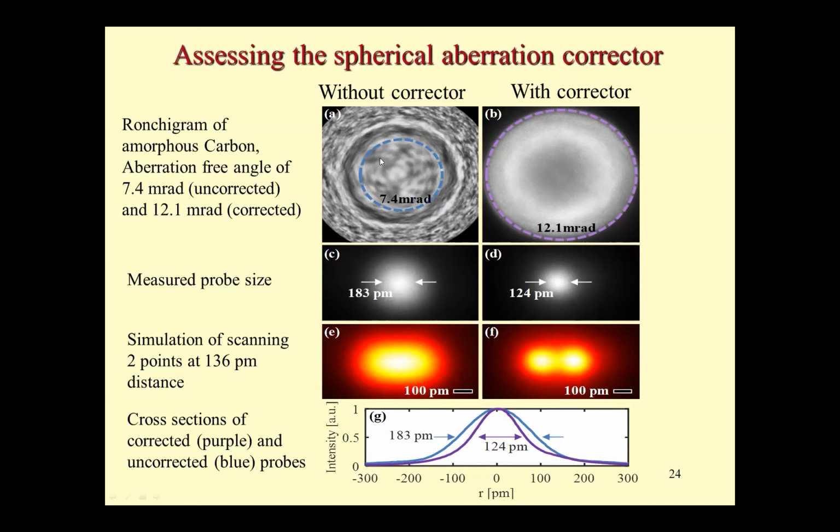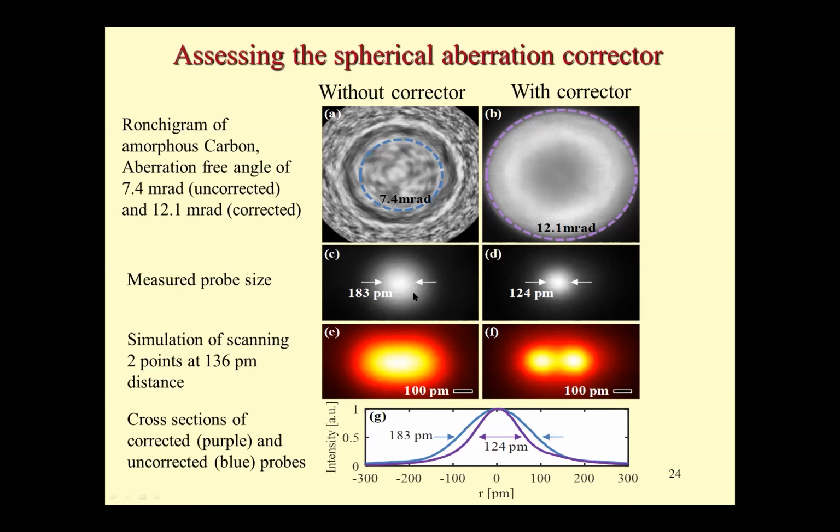So without the corrector, this angle is 7.4 milliradian. This is, in fact, the angle where you're still not limited by spherical aberration. But once we add our corrector, this angle goes up to 12 milliradians. This is why we have better resolution.